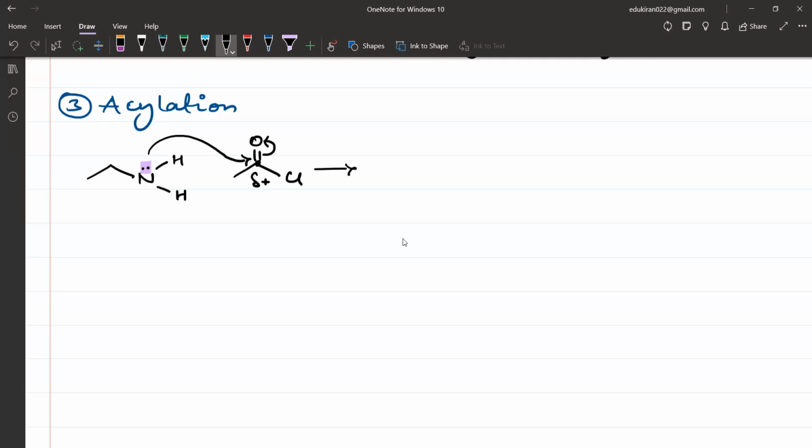Then you will write this as O negative. We have the Cl here, okay, and I have the nitrogen atom with two hydrogens and a positive charge because nitrogen के पास 4 bond हो जाएंगे, one carbon atom and two carbon atom. Okay, so this nitrogen has been attached.